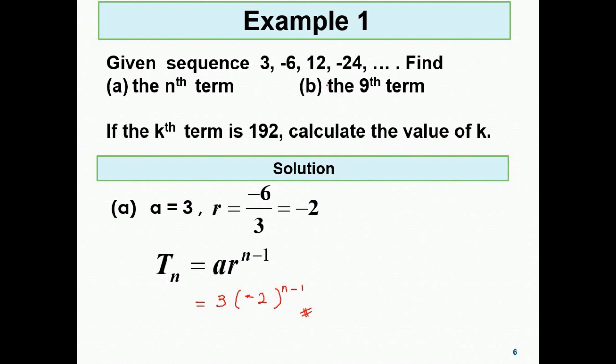Question B, find the ninth term. For question B, the first term A is equal to 3 and R is equal to -2, and the Tn is given before: 3 times -2 to the power of n minus 1.